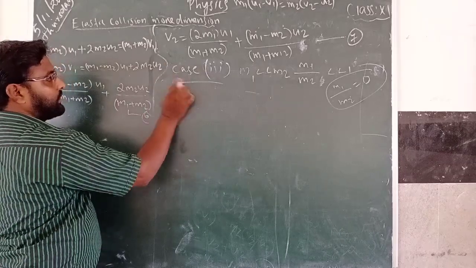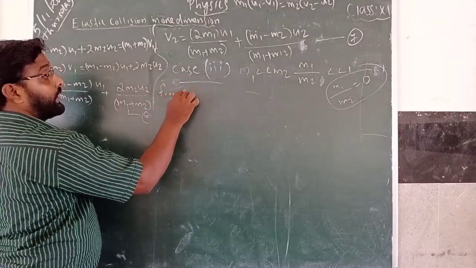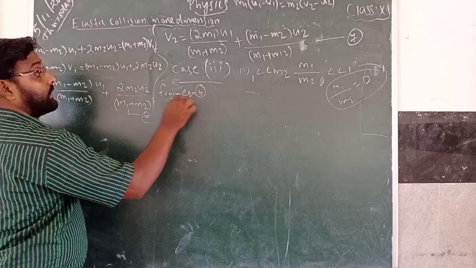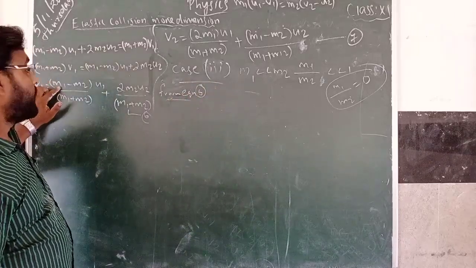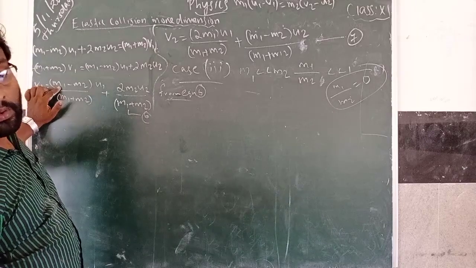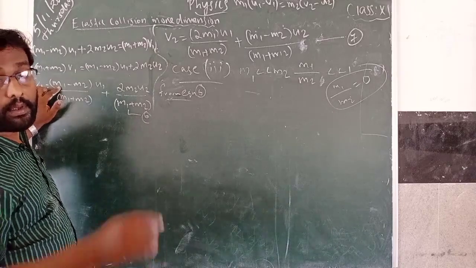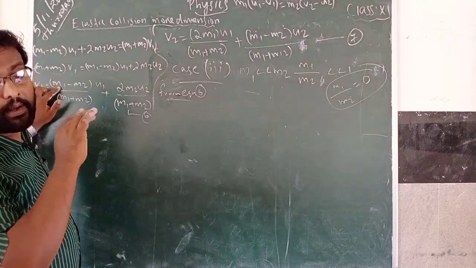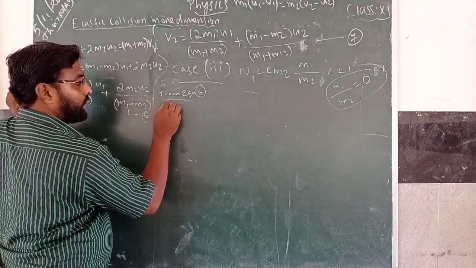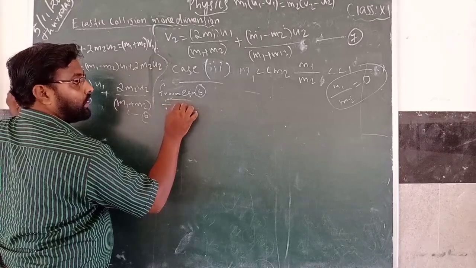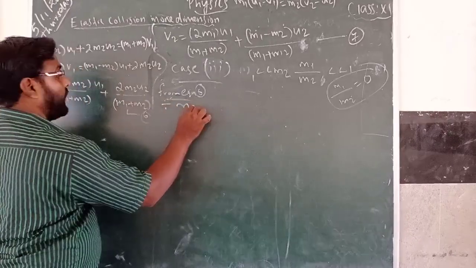From equation 6, first you have to divide the numerator and denominator by M2. So you have to divide both the denominator and numerator by M2.